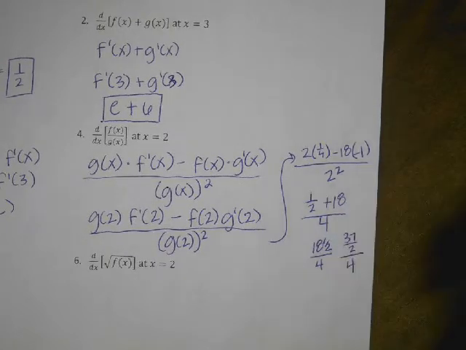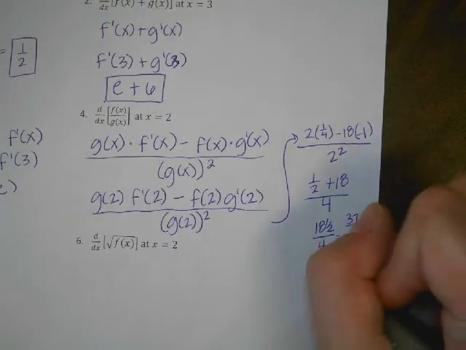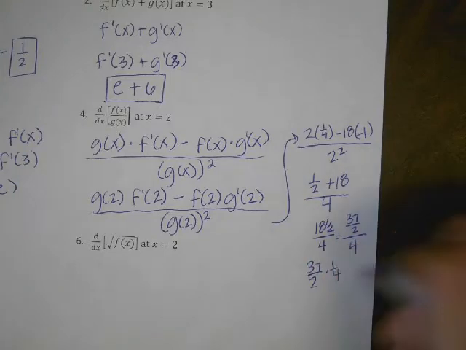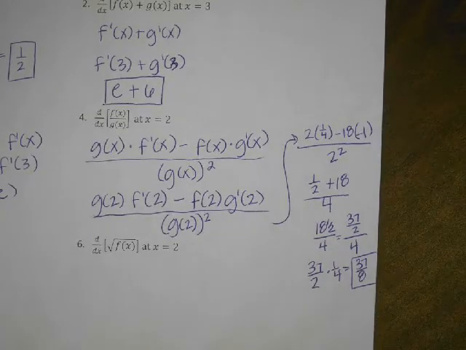So 37 over 2 divided by 4. That's 37 over 2 times 1/4. So that's 37 over 8. That was a good review of fractions right there.